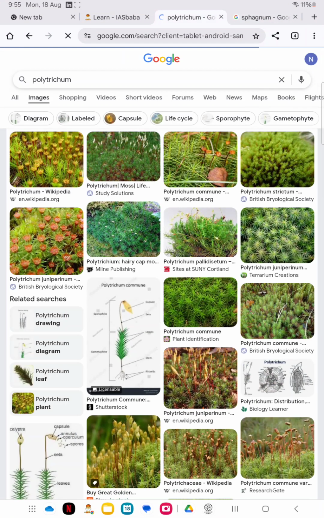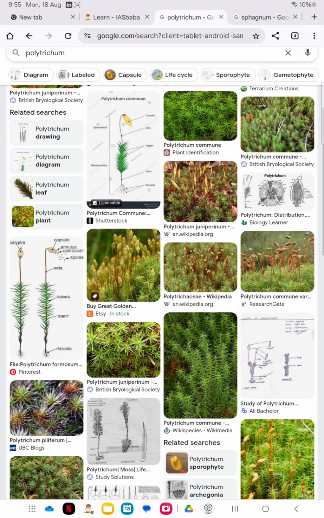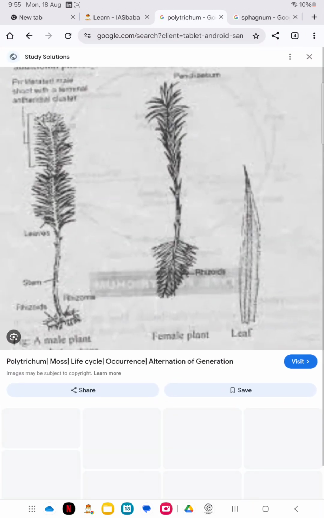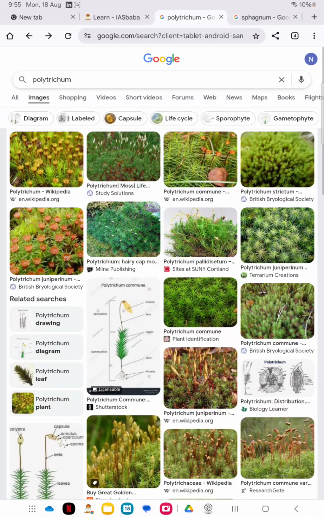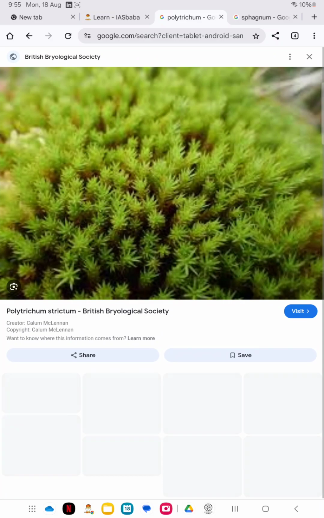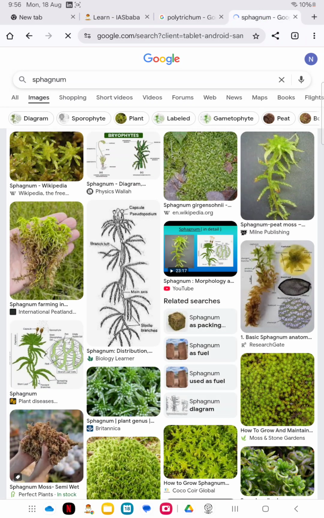See here the examples and the Polytrichum diagrams. This can be seen like this, Polytrichum mosses. These are Polytrichum, and Sphagnum looks like a peat moss.